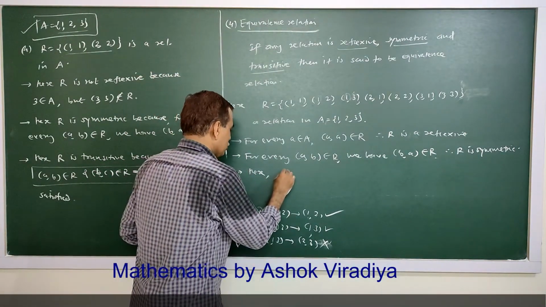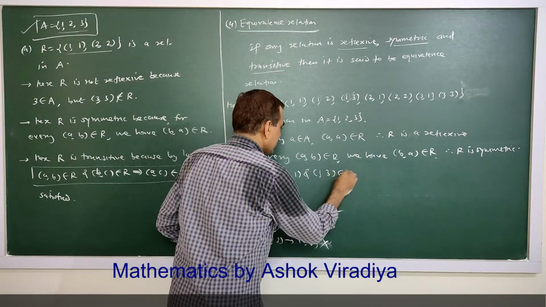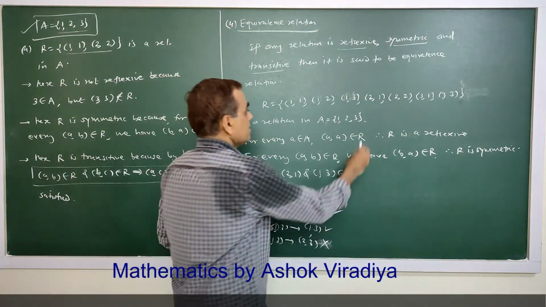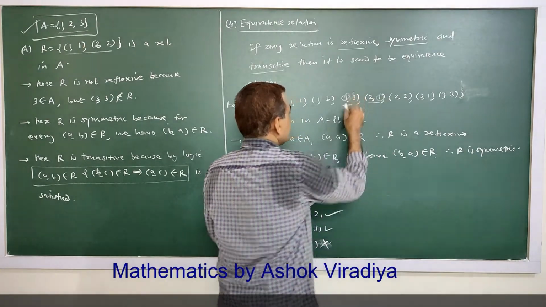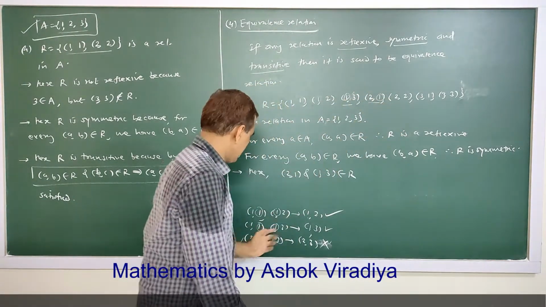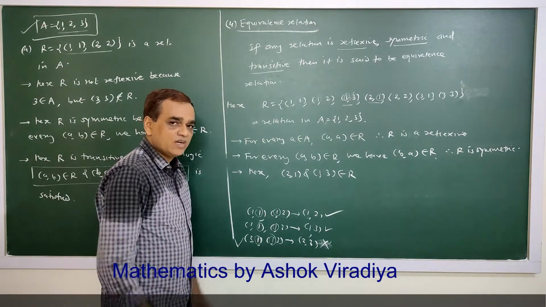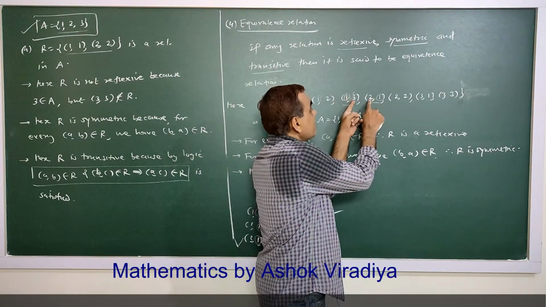Here (2, 1) and (1, 3) belong to R. 1 is in common. Observe this element on the left and this element on the right. Left, right, then you will see the common element. Otherwise, if you observe them as they are, you can't find the common element.